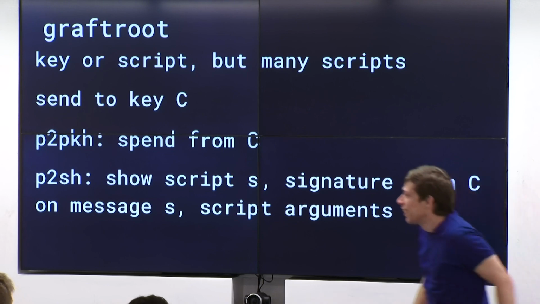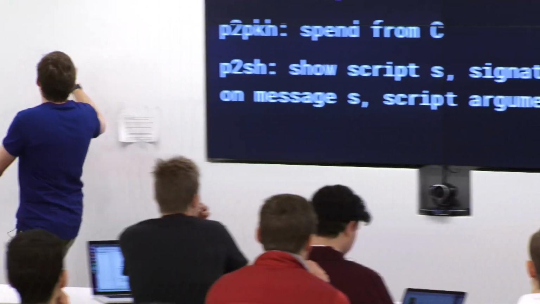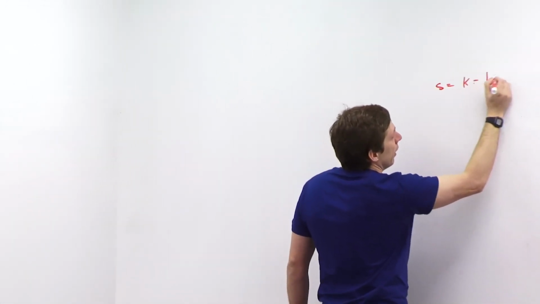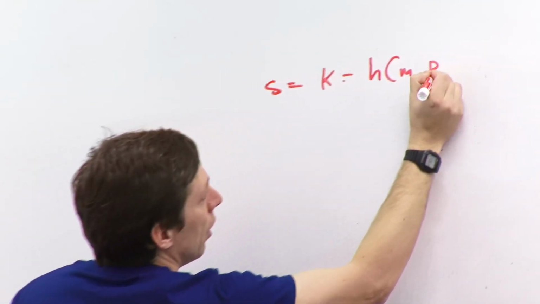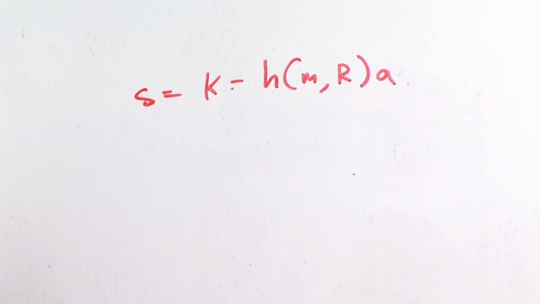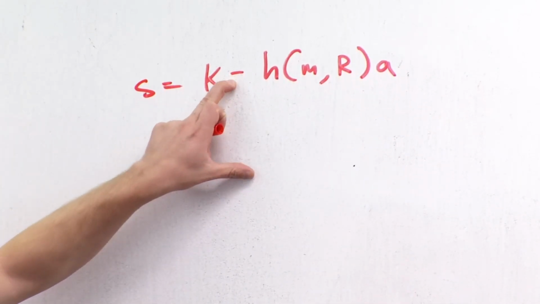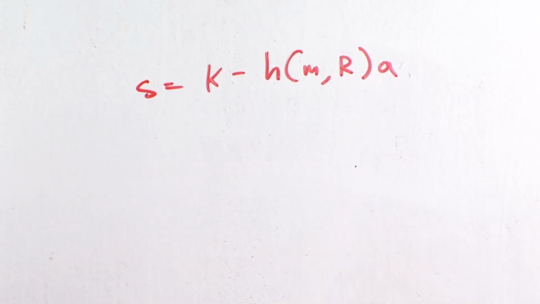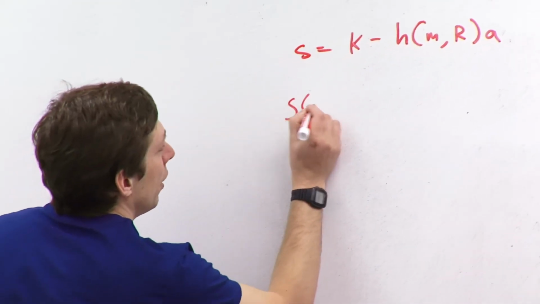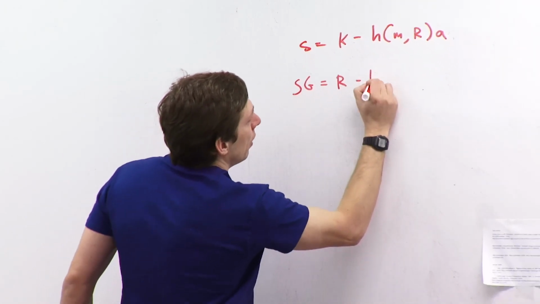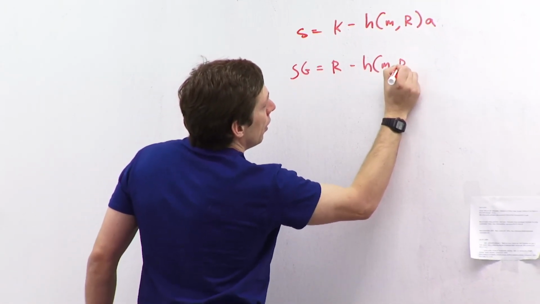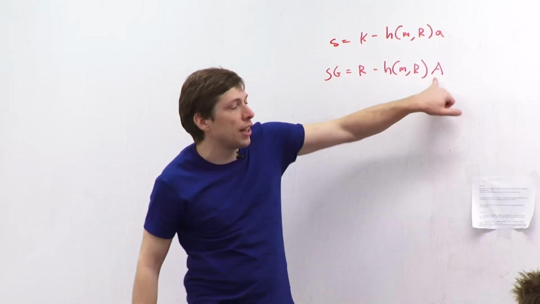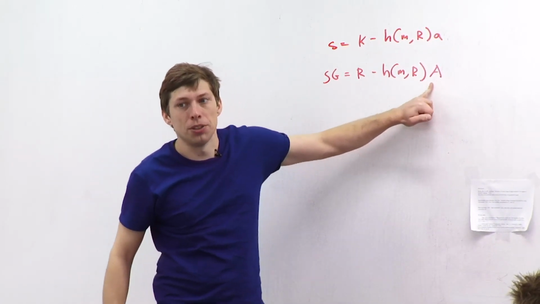Normally you say, okay, S equals K minus the hash of my message and R times point A. What if I want to prove to you that there is no A? G equals R minus the hash of message R times pub key A. I want to prove that I do not know that private key and nobody knows it.